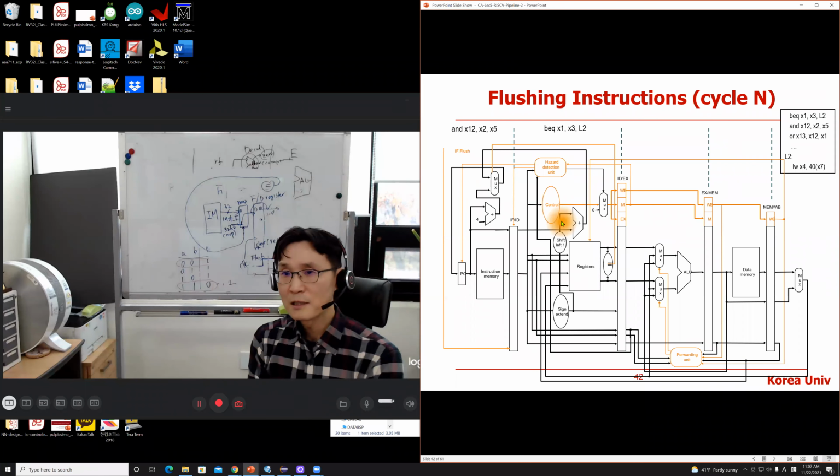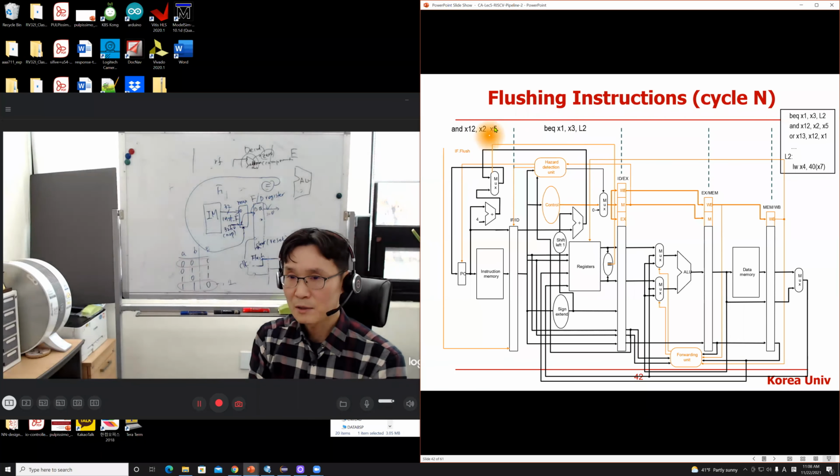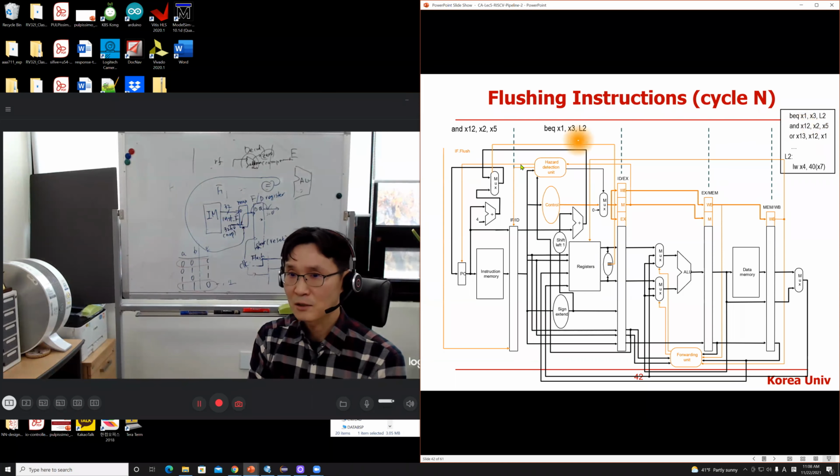Next clock cycle, BEQ is moving to the execution stage, right? And the instruction is supposed to move to the decoding stage, but the problem is the branch is taken. So that instruction is not supposed to be passed to decoding.